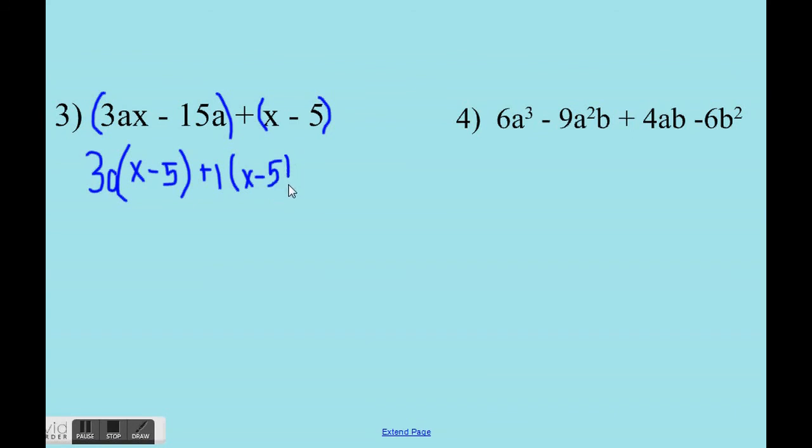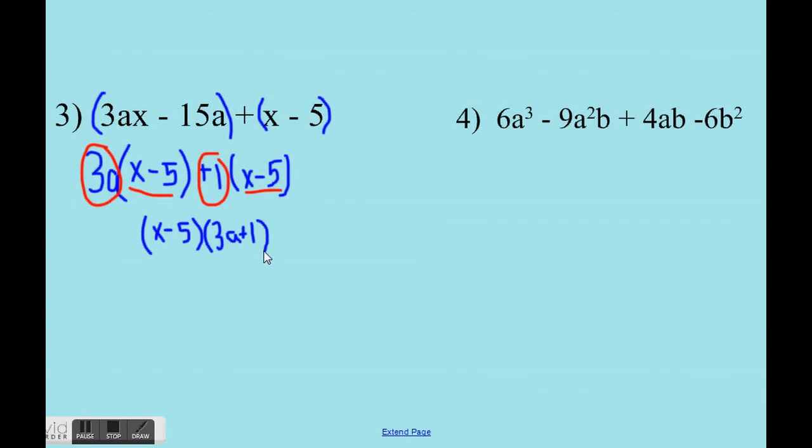For my final answer, I'll begin by writing down the part that's in parentheses, that's the same, x minus 5, and I'll finish my answer with my second set of parentheses, which will contain 3a plus 1, which are the leftovers from my GCF. So my final answer is x minus 5 times 3a plus 1.